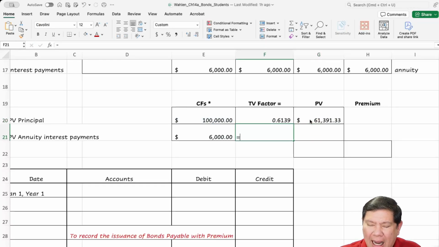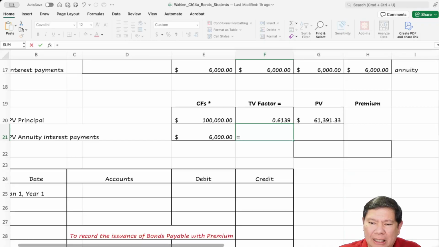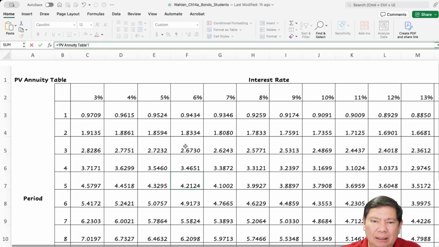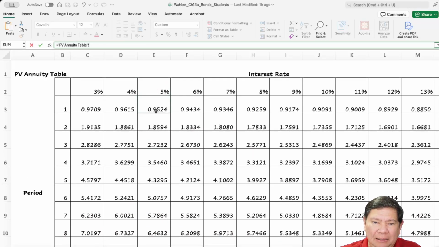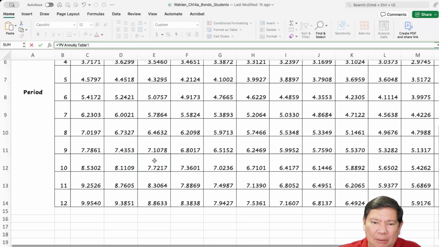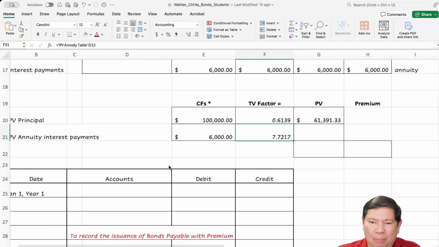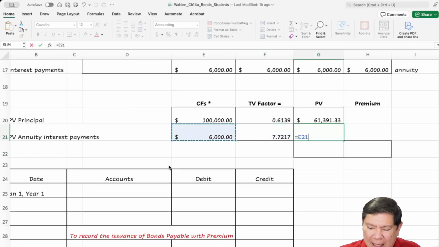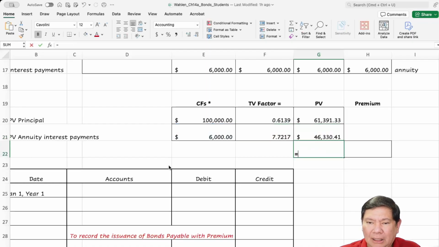And then for the annuity, we go to the annuity table, 5%, 10 periods, 7.7217. So we multiply that, and we add those two discounted cash flows.